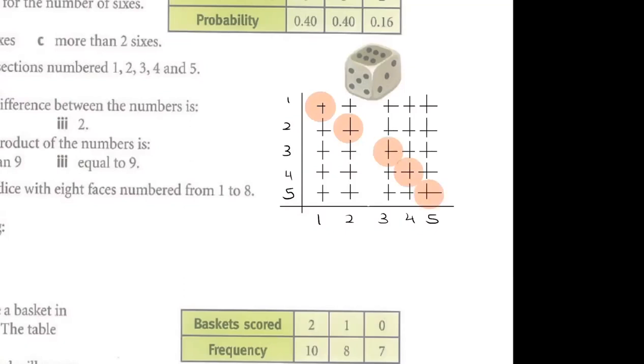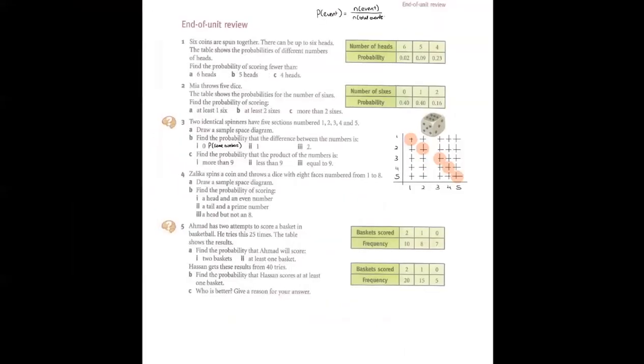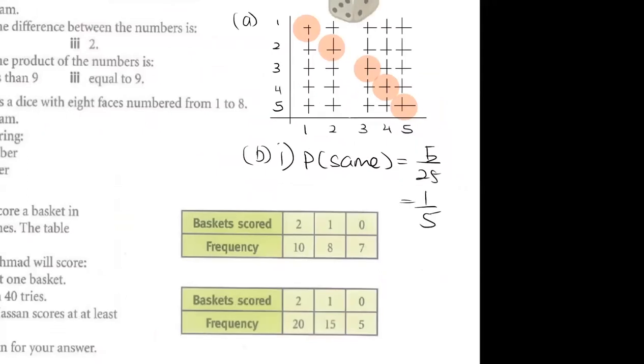So how many? First one is A, yeah? Probability of same, 5 over 25, 1 over 5. Yeah, 5 over 25.